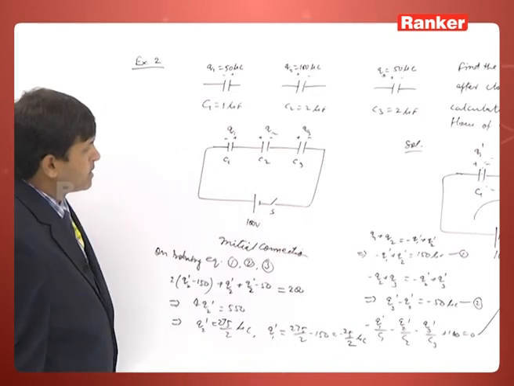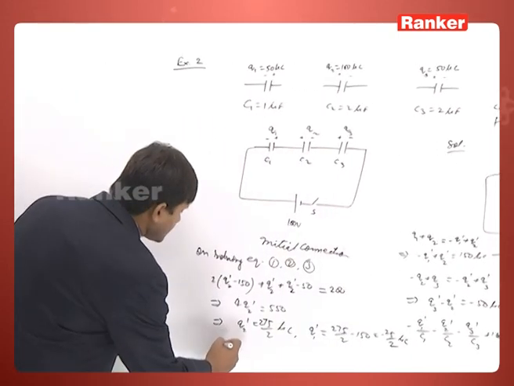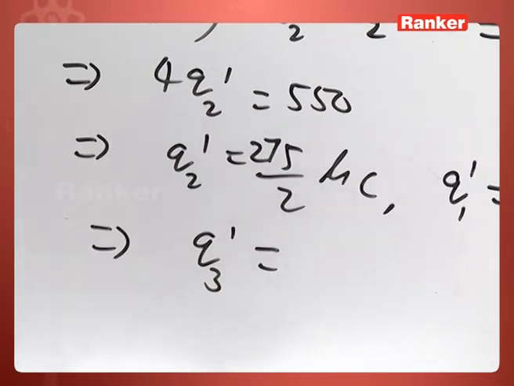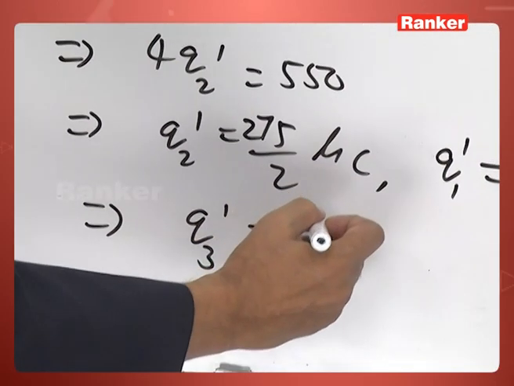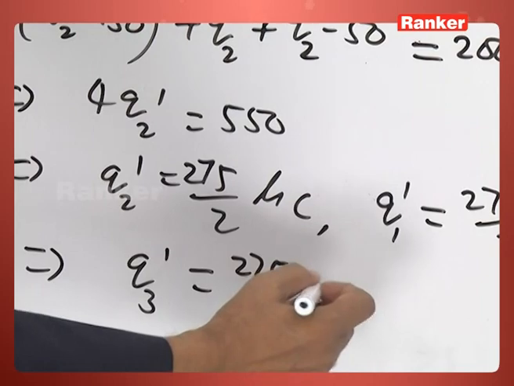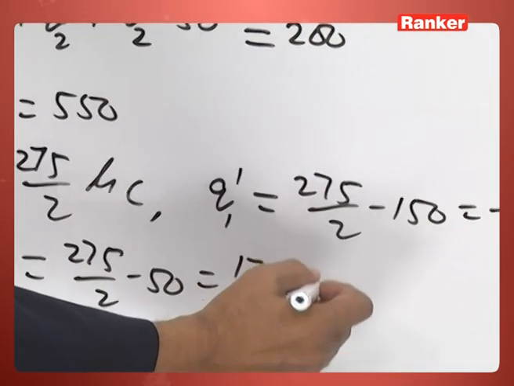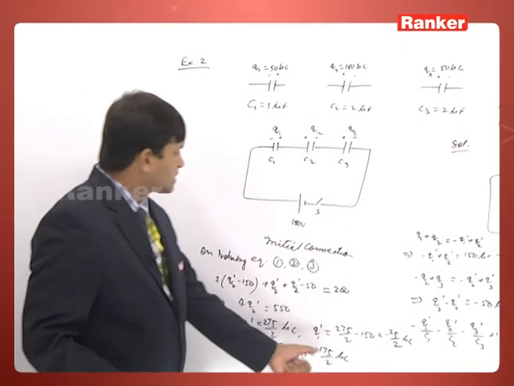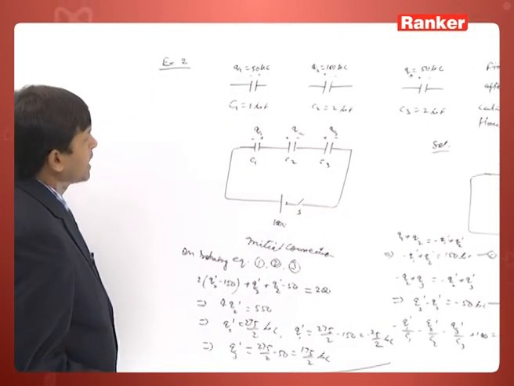Similarly, Q3 dash is equal to Q2 dash minus 50. So 275 by 2 minus 50, so 175 by 2 microcoulomb. This is the charge on all the three capacitors.